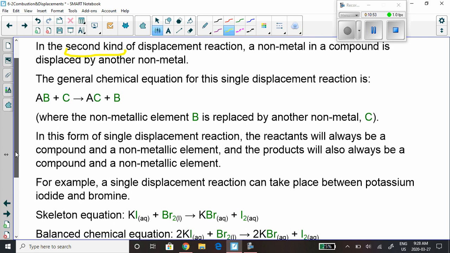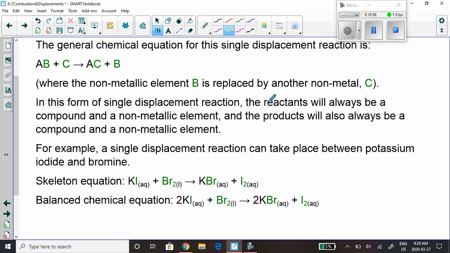So this is where the nonmetallic element B is replaced by another nonmetal C. In this form of single displacement reaction, the reactants will always be a compound and a nonmetallic element, and the products will always be a compound and a nonmetallic element. This is a very good thing to key in on because it helps you identify if it's this type of single displacement reaction. So let's do a real life example. We've got potassium iodide in a solution, aqueous.